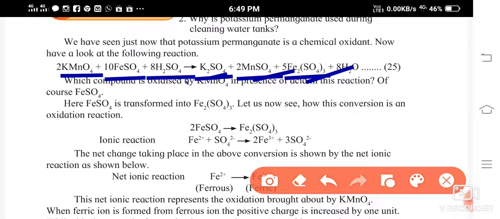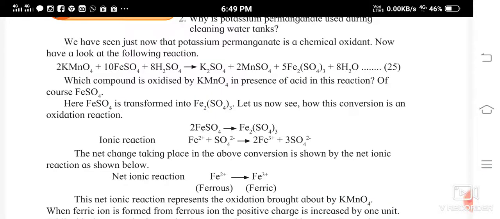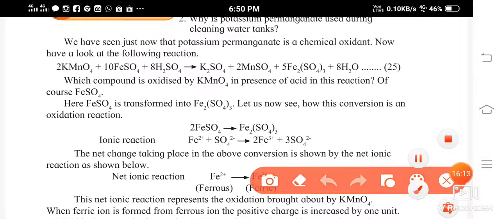So the three elements, potassium, manganese and iron, all these three are metals, isn't it? This is for you to remember. I am telling you an easy way: potassium sulfate, manganese sulfate and ferric sulfate.